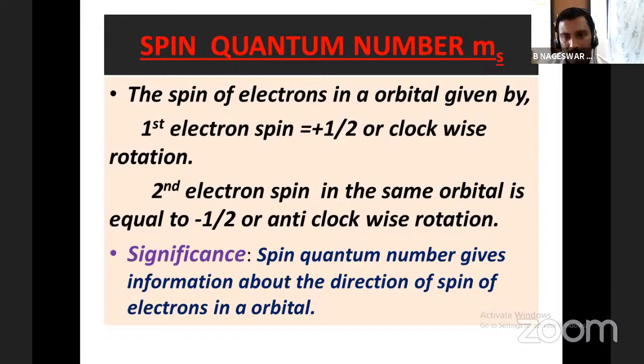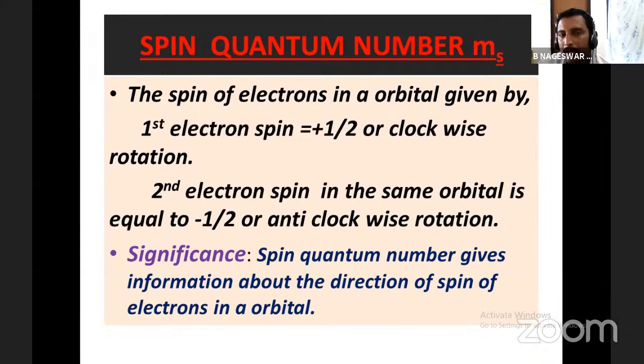The spin of the first electron is equal to plus 1/2, or clockwise rotation. The spin of the second electron in the same orbital is equal to minus 1/2, or anti-clockwise rotation.